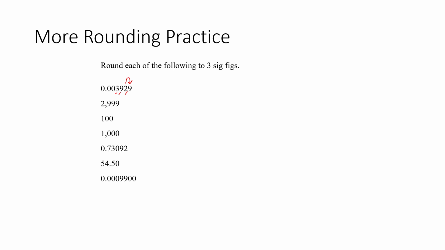So 9 is 5 or above, so we're going to round that 2 up to a 3. This becomes 0.00393. We are not going to add another 0. Adding a 0 means that we would have 4 significant figures. We're not going to do that. We only want 3, and this is what we're going to go with.